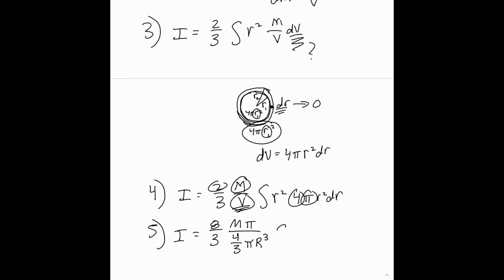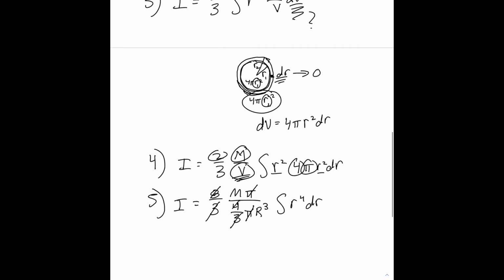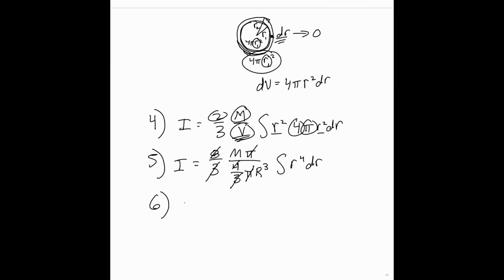All right, and what are we left with? r squared and r squared gives us r to the 4th dr. This 3 cancels this 3. That pi cancels that pi. 8 over 4 is the same as 2. So we have in step 6, I equals 2m over R cubed, the integral of r to the 4th dr.